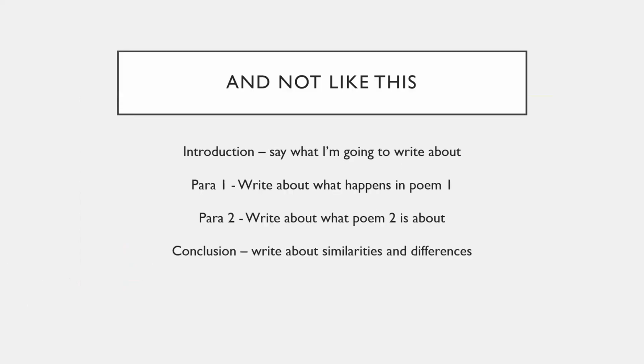And some people, so your essay should not be structured just as introduction, one paragraph where you write about what happens in poem 1, and a paragraph where you write about what happens in poem 2, and then you just conclude with what similarities and differences. This is not a good essay structure because you forget vital points.